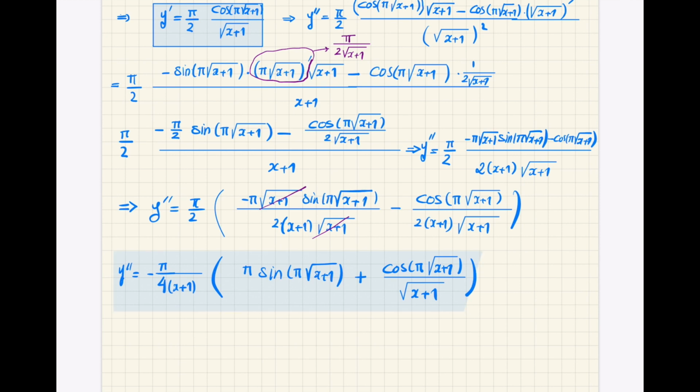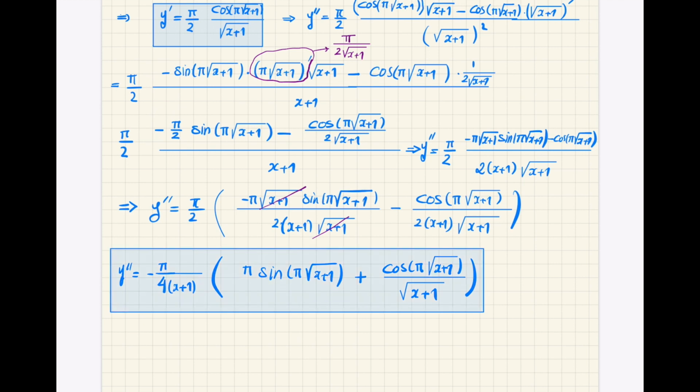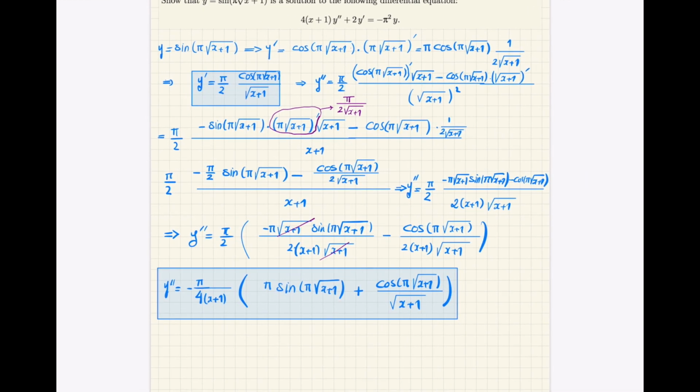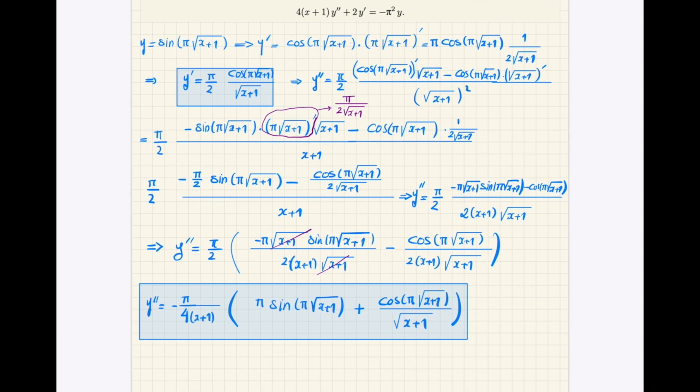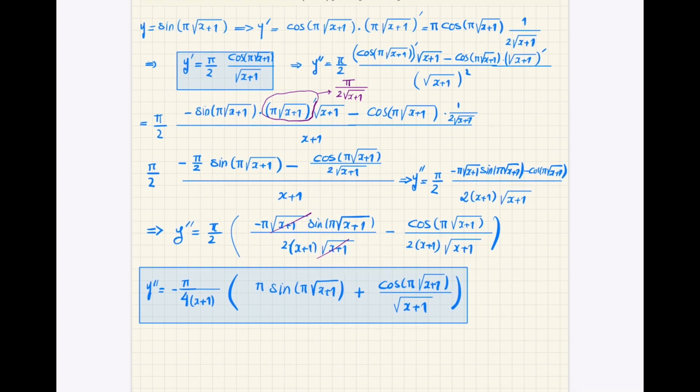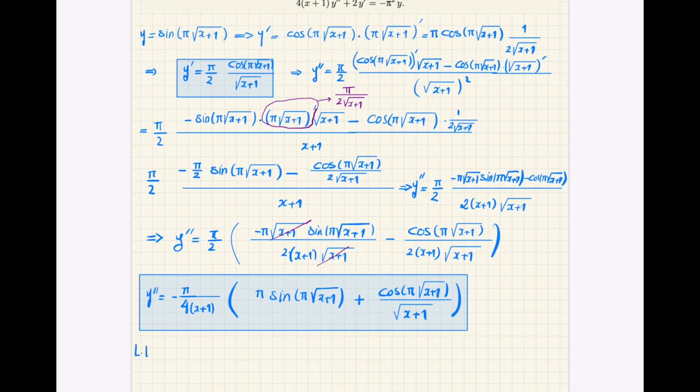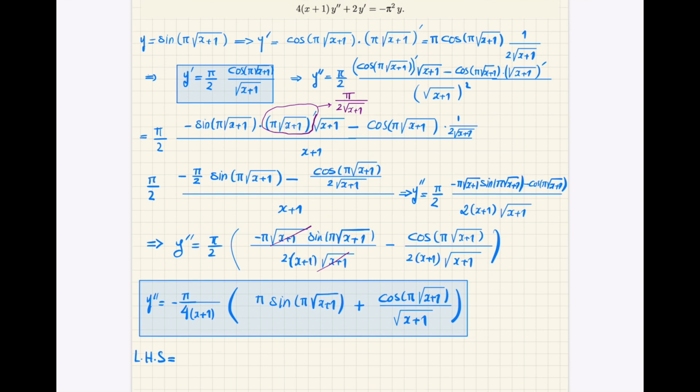And let me make it a little bit nicer. Now everything is ready. So here I start from the left hand side. Let me make it smaller so that you can see them simultaneously. So the left hand side is now equal to, I am supposed to multiply y double prime by 4 times x plus 1.